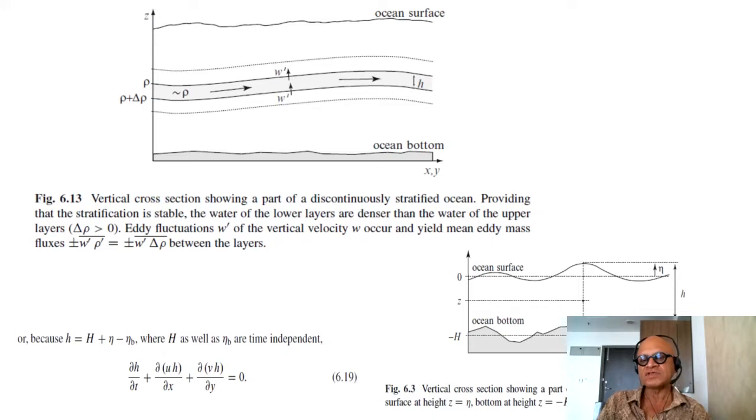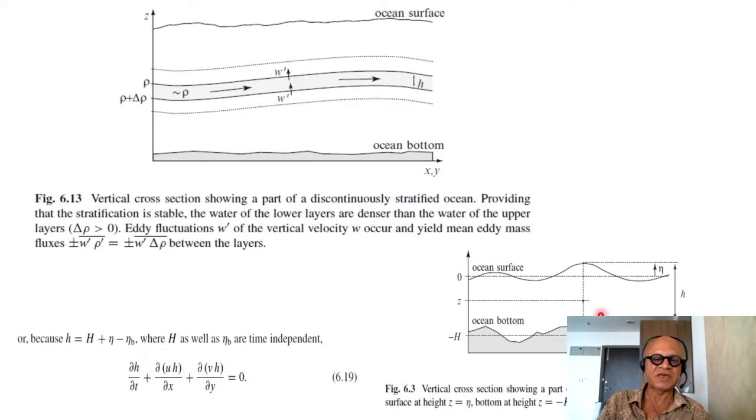Bottom depth, of course, remains constant, ocean bottom, so the average depth H over time was basically going to give us z at any depth as minus H plus eta b. So depending on whether eta b is positive or negative, you had h increasing or decreasing, and local layer thickness h was H plus eta minus eta b.